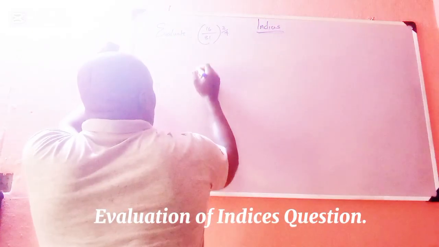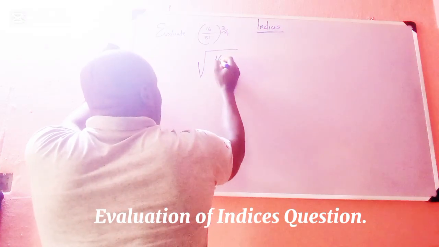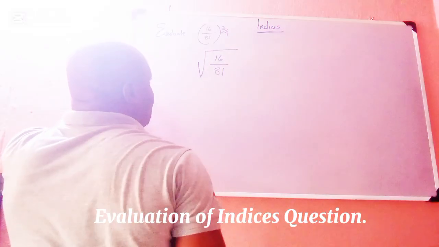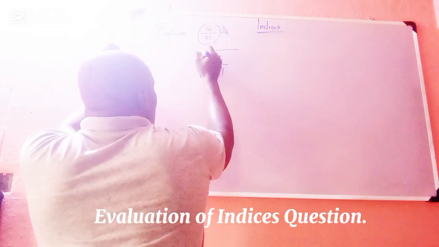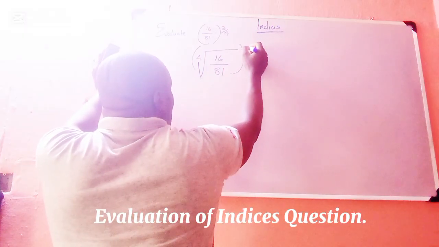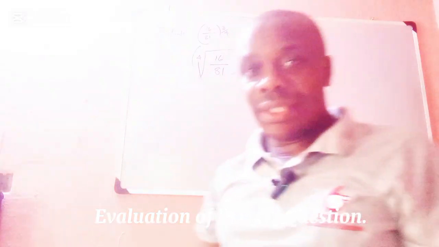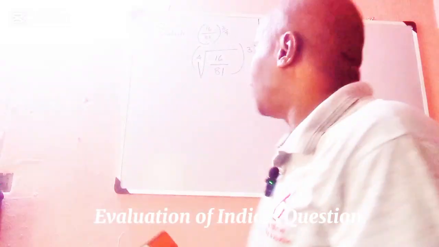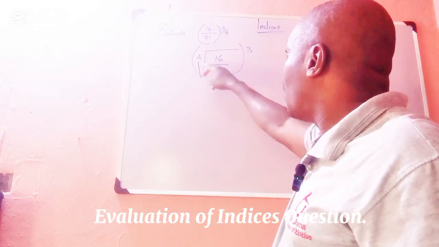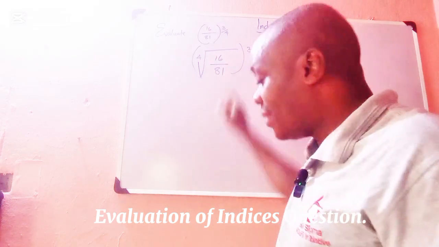So we now have the fourth root of 16 over 81, in brackets, raised to the power of 3. This is the first step. The next step is to look for the fourth root of 16 and the fourth root of 81.